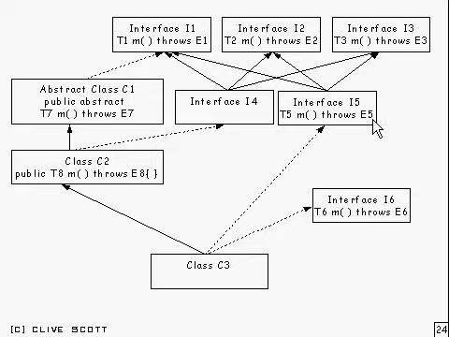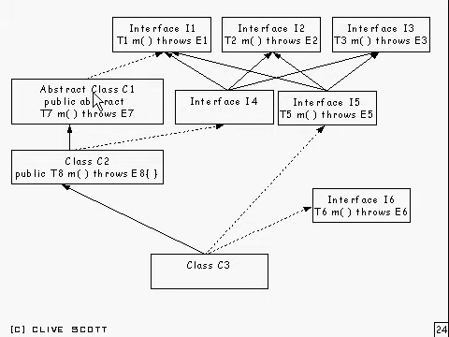It's got to be caught. That's basically what it means. And it does the same thing again for E2 against E5 and for E3 against E5. Okay, so that's fairly straightforward.